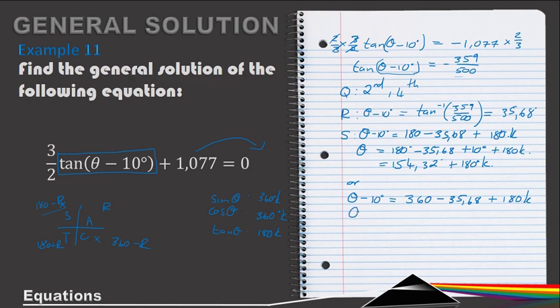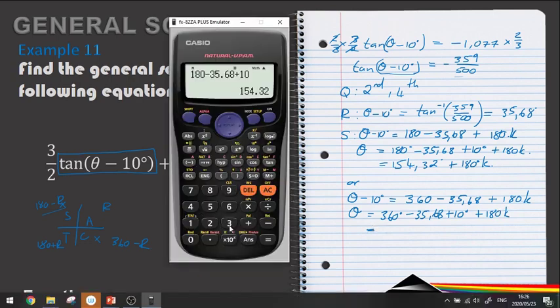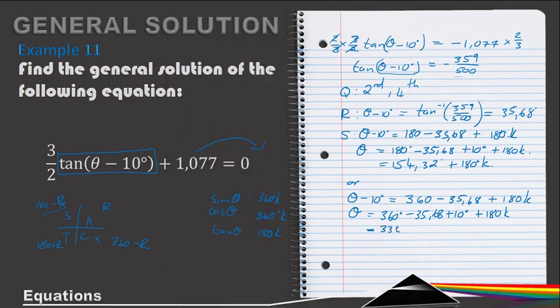And once again we just need to solve for theta, so that's 360 degrees minus 35,68 plus 10 degrees plus 180k, and that gives us 360 minus 35.68 plus 10 is equal to 334,32. So 334,32 plus 180k.